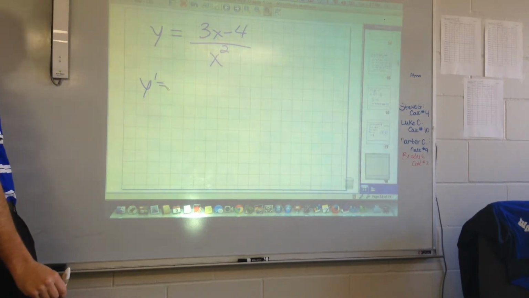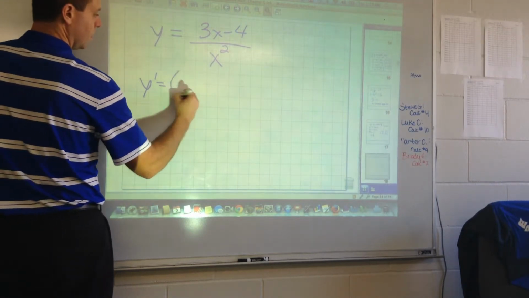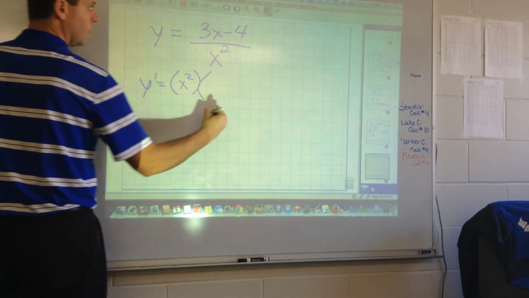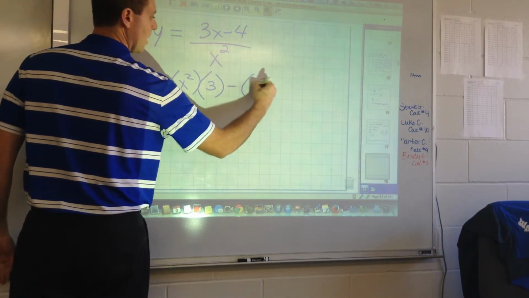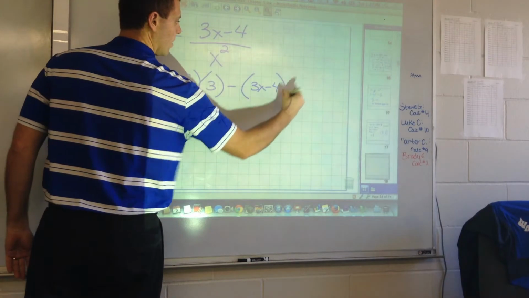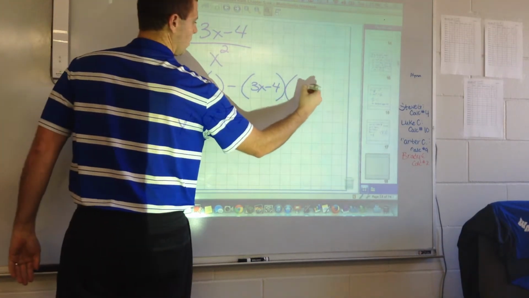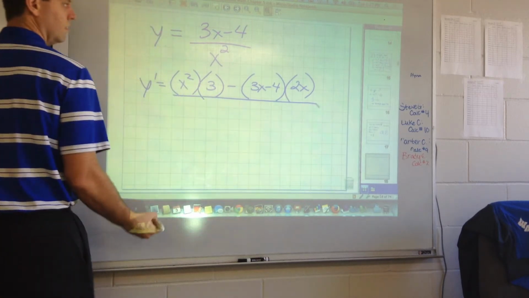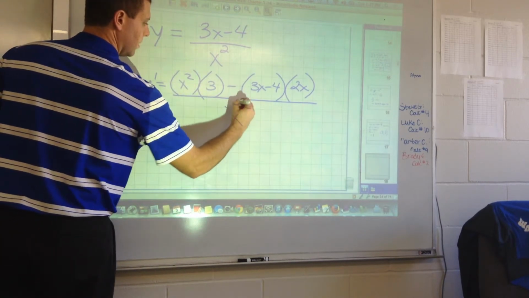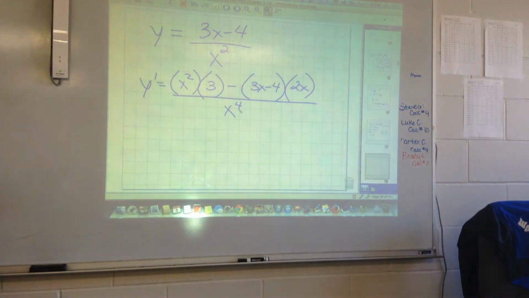To do the derivative, we need to use quotient rule. Low d high minus high d low, all over the square of what's below.